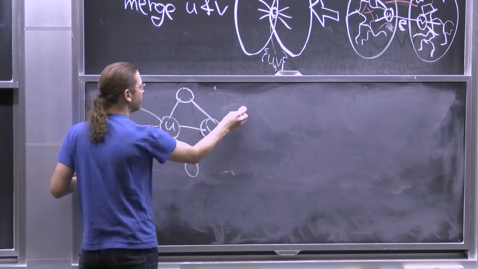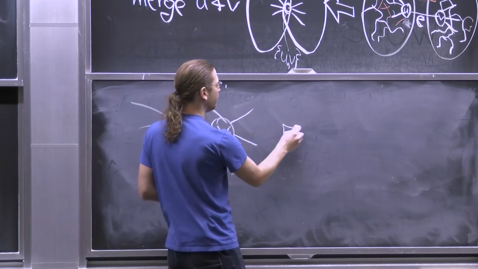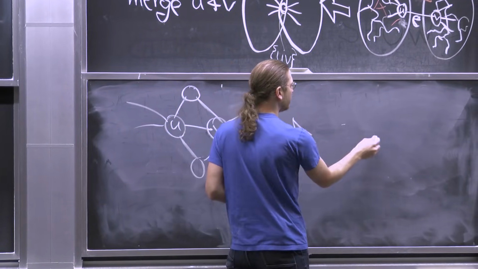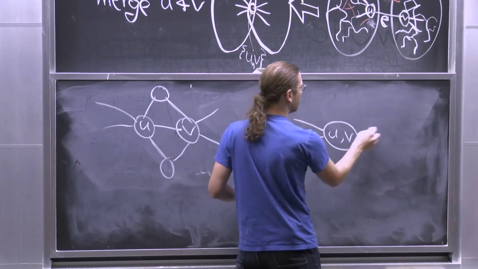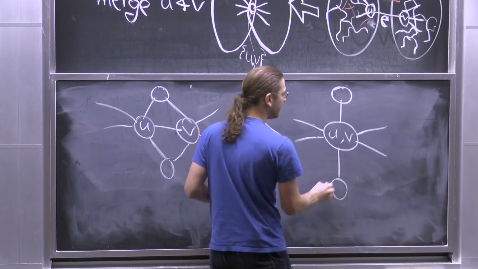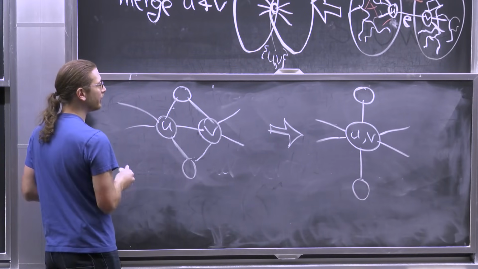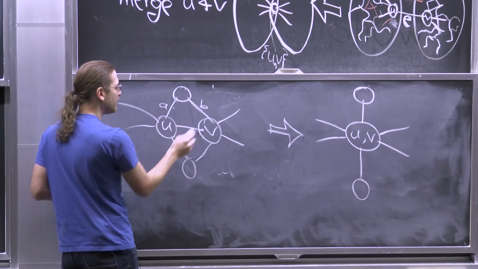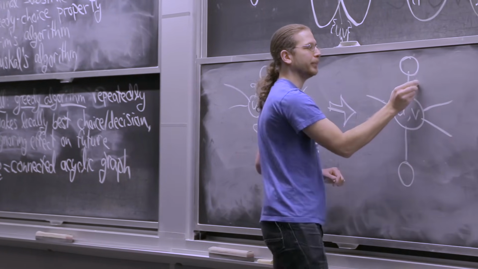And some other edges, uncommon neighbors. When I merge, I'd like to just have a single edge to that vertex and a single edge to that vertex. And what I'm going to do is if I have some weights on these edges, let's say A and B and C and D, I'm just going to take the minimum.